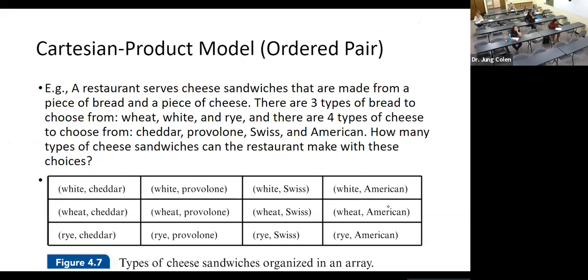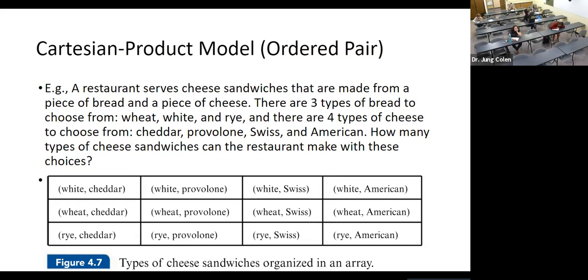Another model is the Cartesian product model, or another word, ordered pairs. Sandwiches are made from a piece of bread and a piece of cheese.